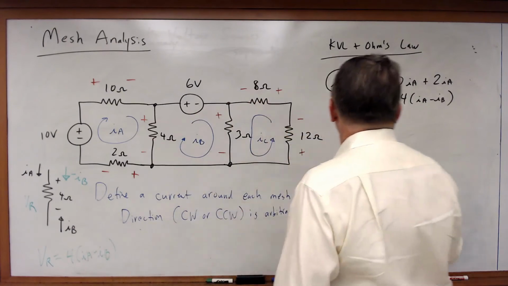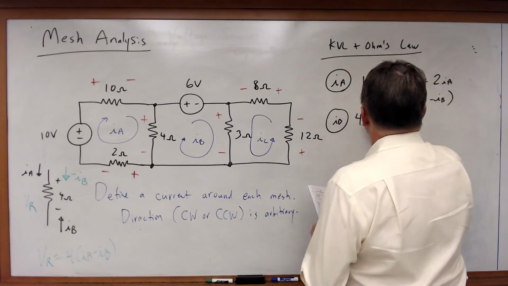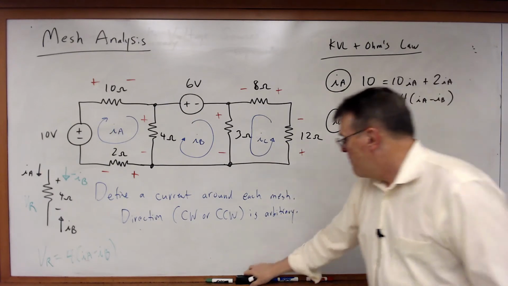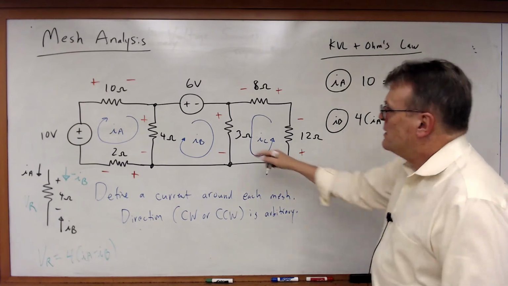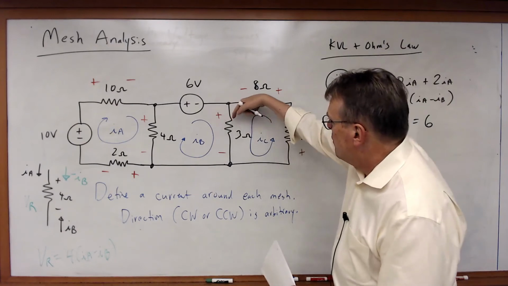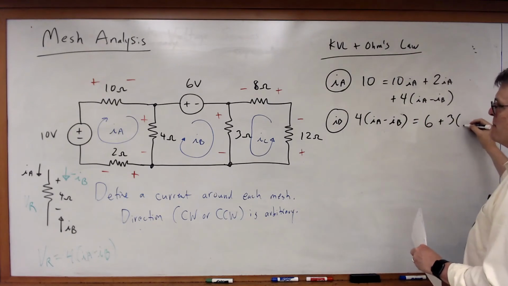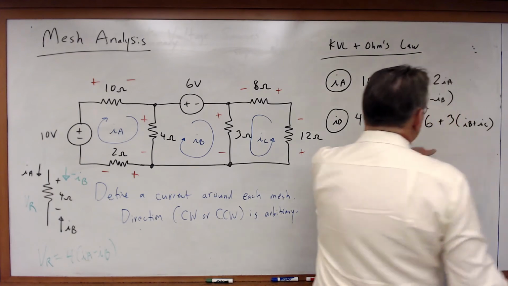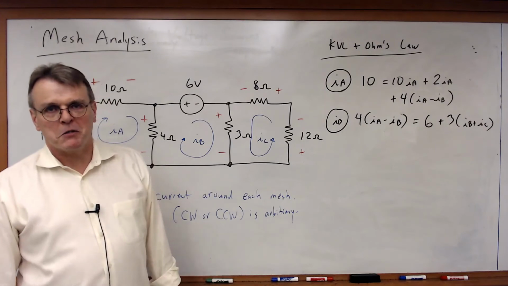But now it's just a rise, so I'm going to write it like so. 4 times IA minus IB, that's my rise, is equal to a 6-volt drop, plus, well, in this case, the two currents agree, plus 3 times IB plus IC. So once again, I'm doing Ohm's law. It's the sum of the two currents. They both agree going through that 3-ohm resistor.